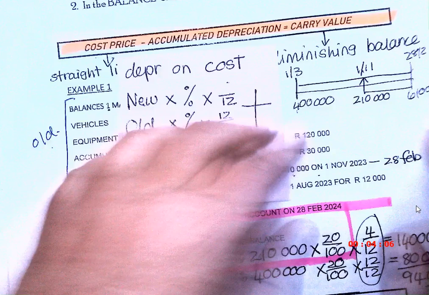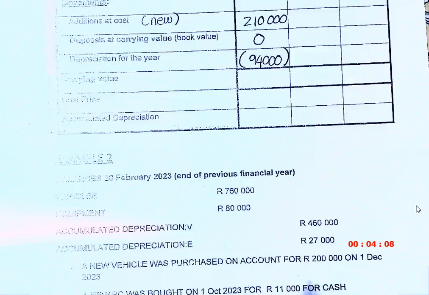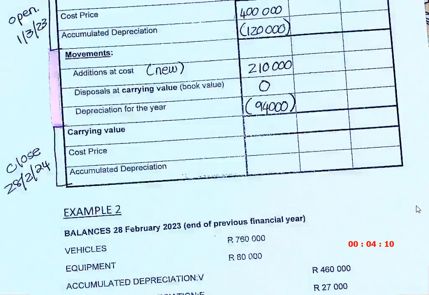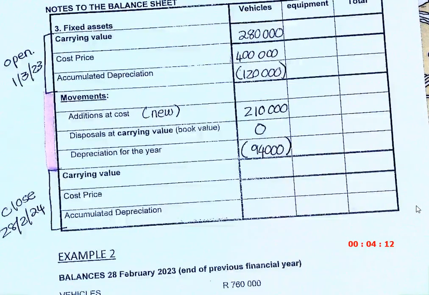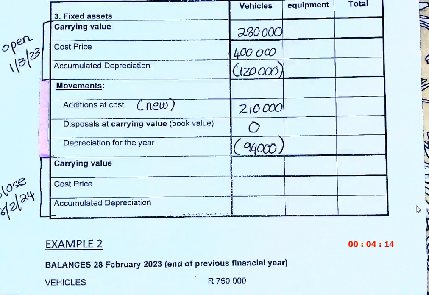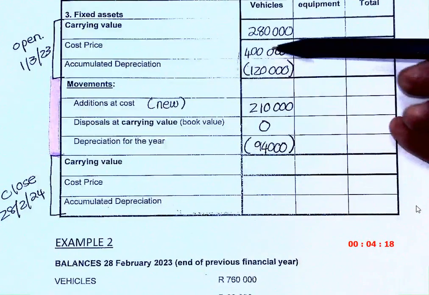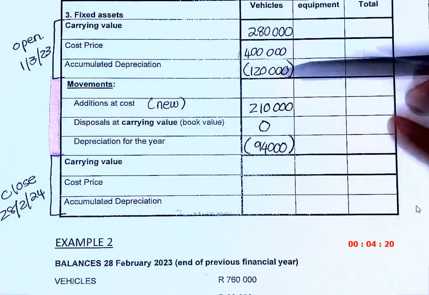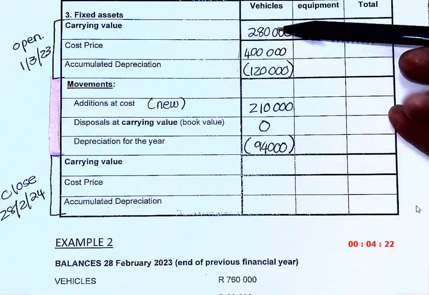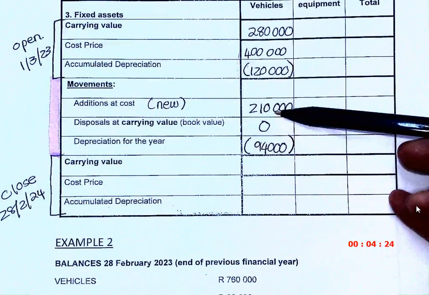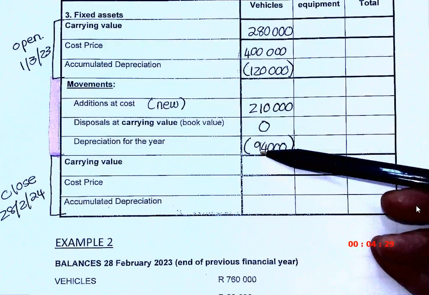Okay, then I told you we are going to do note 3 and we are busy with note 3 here. Okay? So if you look, we took the opening balances for the cost less the accumulated gave me the carry value. I had an addition of 210. I had a depreciation that I calculated 94.